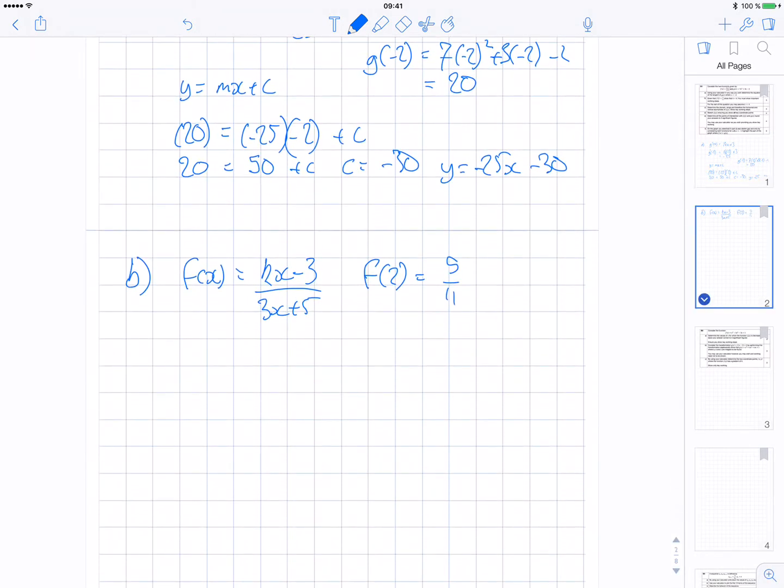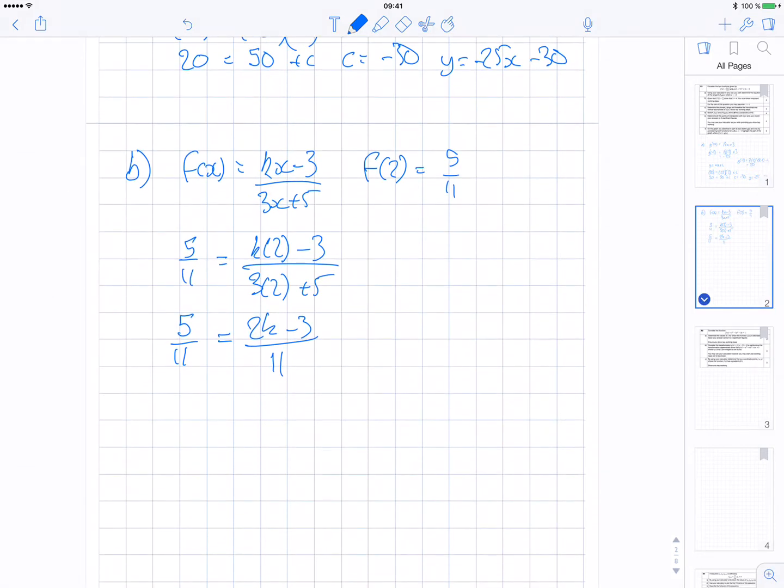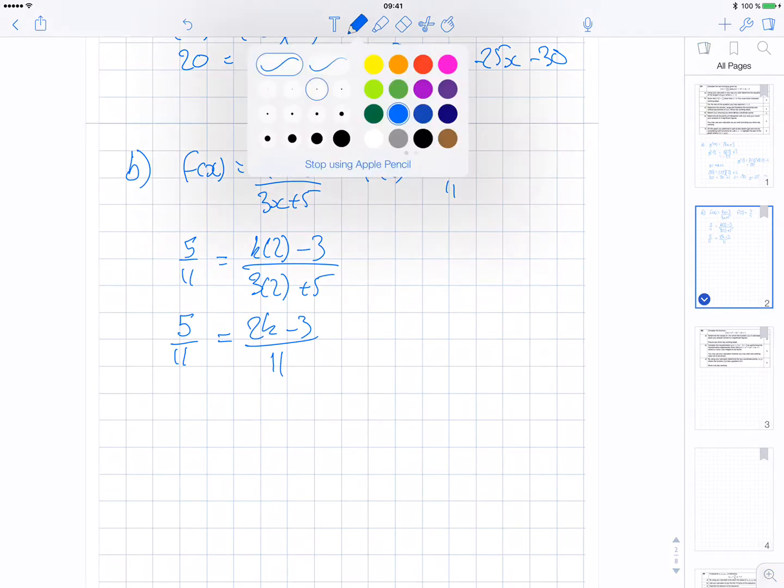Okay, so I'll leave k to be 4 for now. So we've got 5 over 11 is equal to k, which we don't know, but we know that x is 2, minus 3. So 5 over 11 is equal to 2k minus 3 over 3 times 2 is 6, 6 plus 5 is 11. Okay, now we can use the calculator to solve this, but I'm going to multiply it by 11 on both sides.